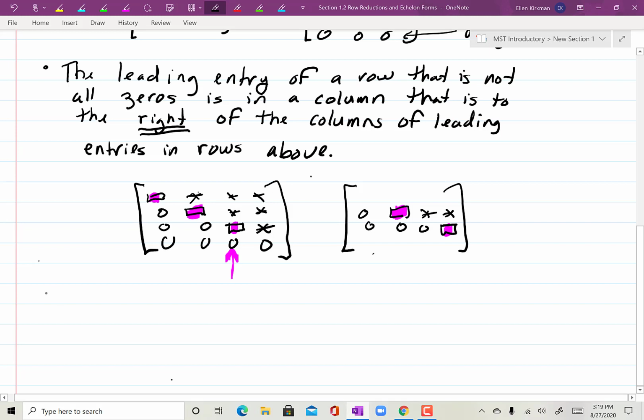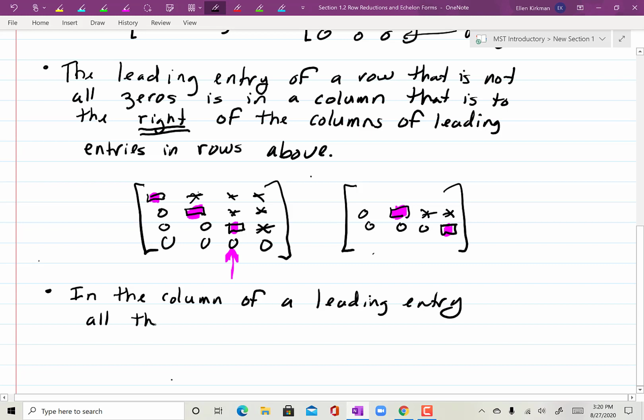Then the third thing is that when we have a leading entry, in the column of a leading entry, one of these highlighted entries, all the entries below it are 0.